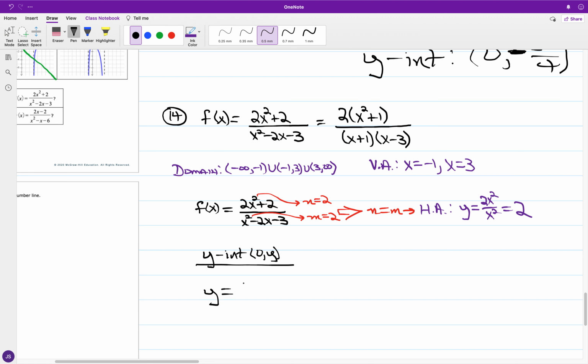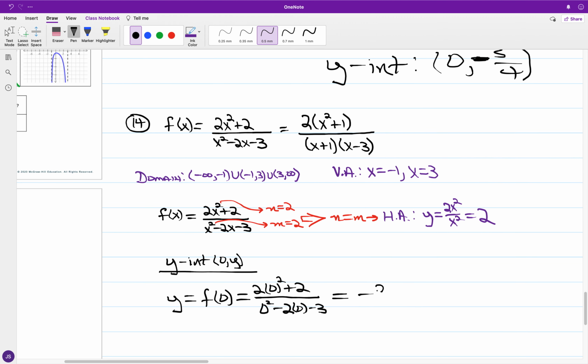So in this one, we have y equal to f of 0. It looks like we just about stop right there because we're going to have the outcome be negative. In fact, we get 2 over -3, so y is equal to -2/3.